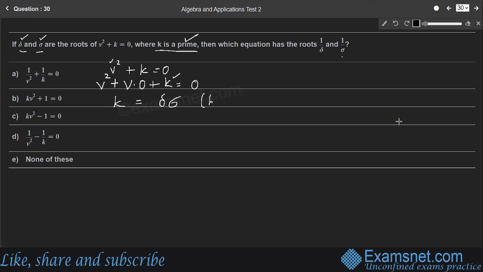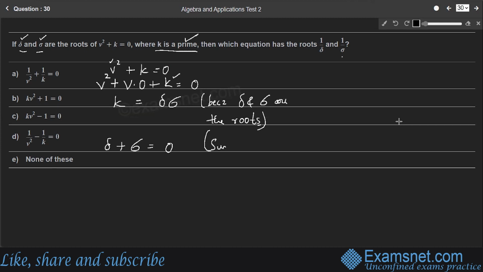Because delta and sigma are the roots, right? Therefore, their product is equal to k, right? And their sum, delta plus sigma, is equal to the coefficient of the middle term, which is 0, right?